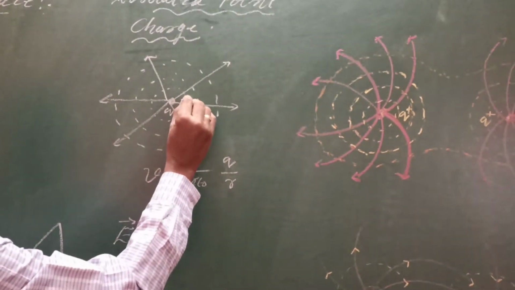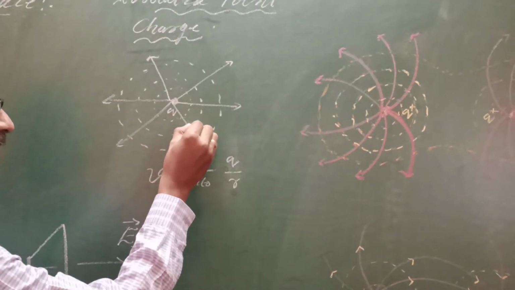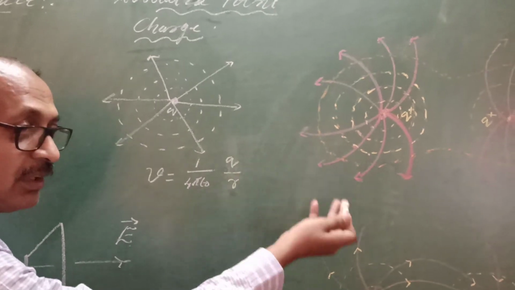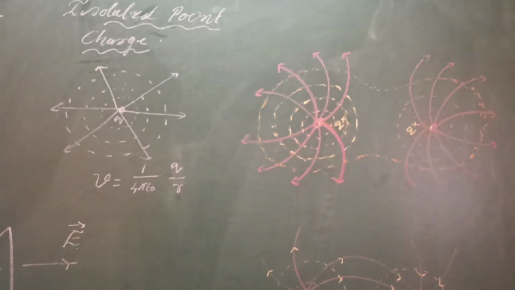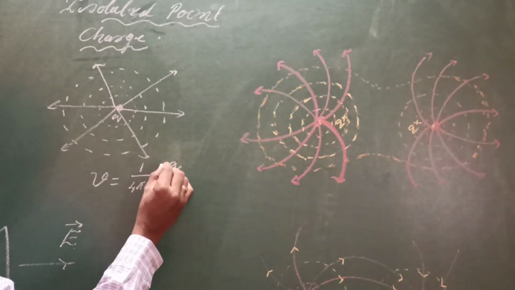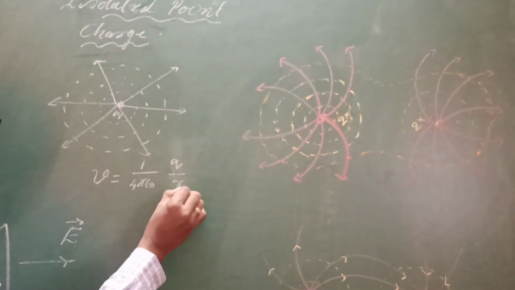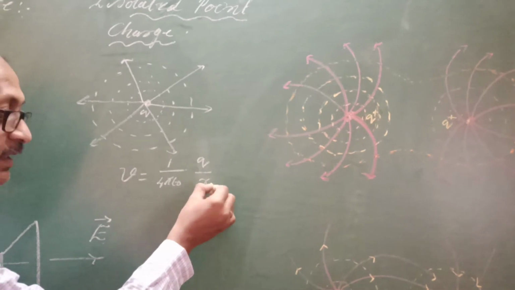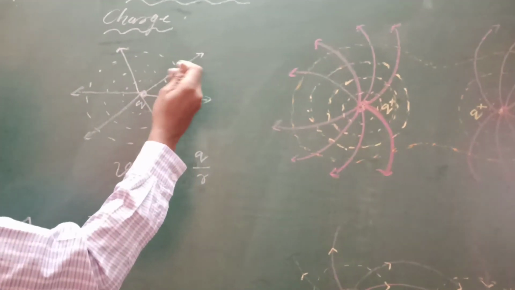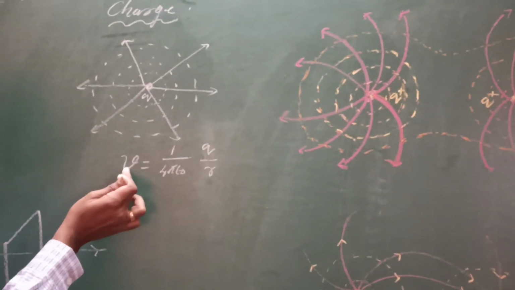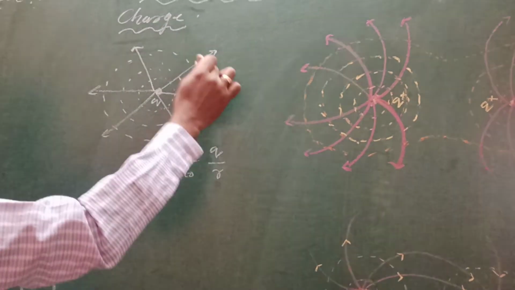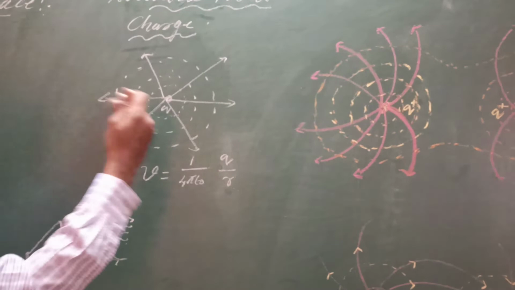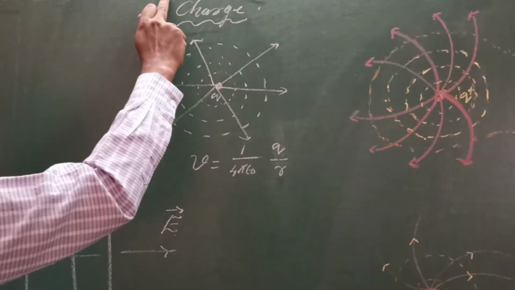But it has equal potential here, here, here, anywhere at the point. So V is equal to Q divided by 4 pi epsilon naught R. As the radius goes on increasing, the potential decreases.